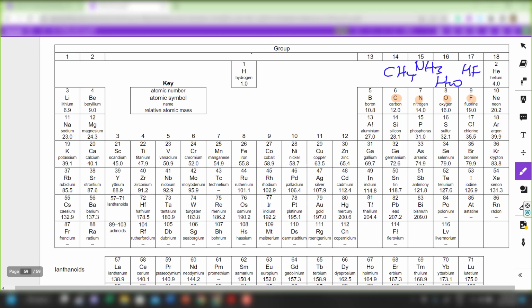It's quite easy to do a quick count, and you will be able to see that the central atom, in this case carbon, nitrogen, oxygen and fluorine, has the octet configuration, or the neon noble gas configuration. Carbon has 4 valence electrons, nitrogen has 3, oxygen 2, fluorine 1.